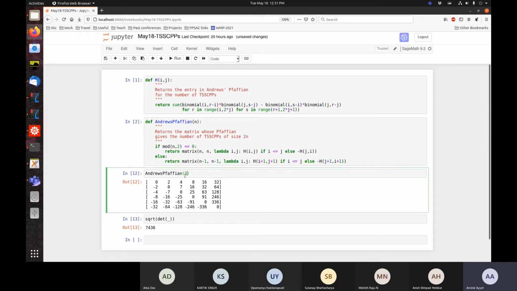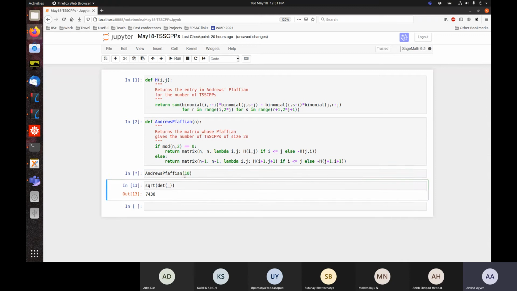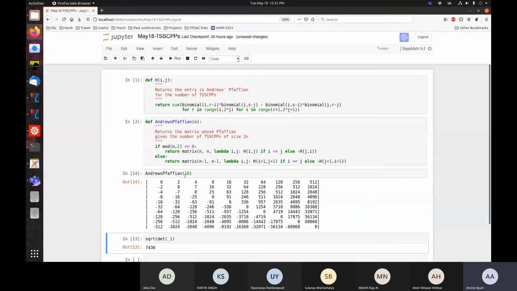And just to show you the structure of the entries, let me take a large enough matrix. So notice that the first row is purely powers of 2, consecutive powers of 2. The next is also powers of 2 after the 4th column.